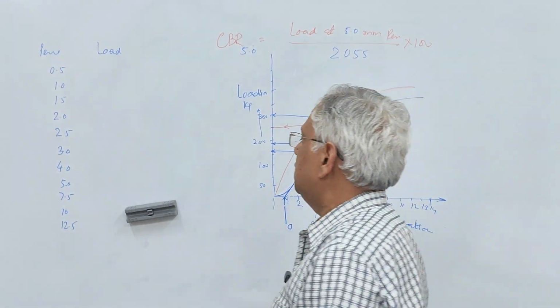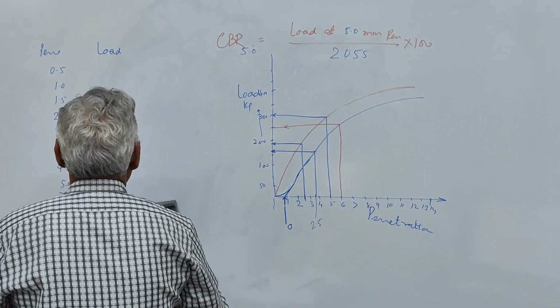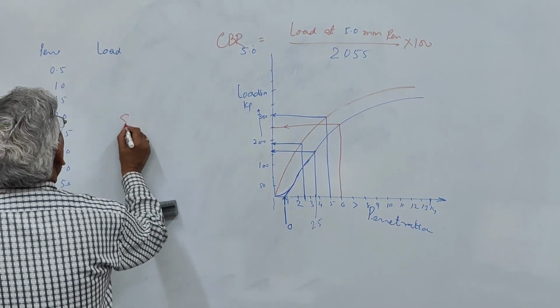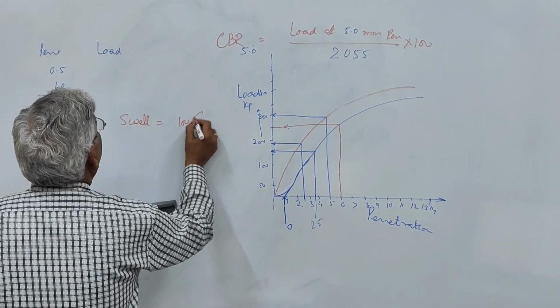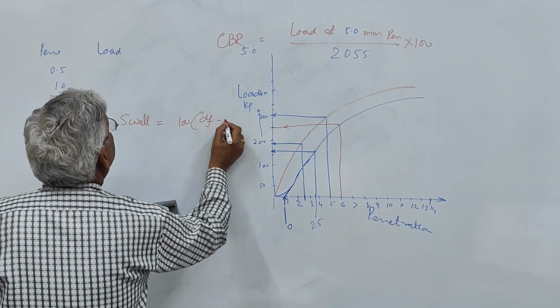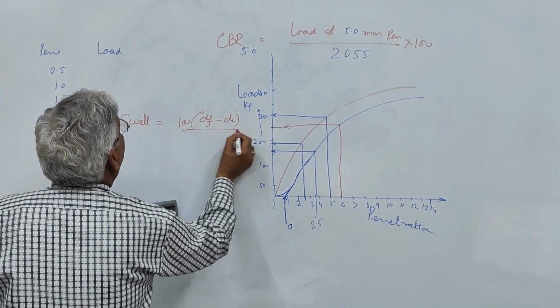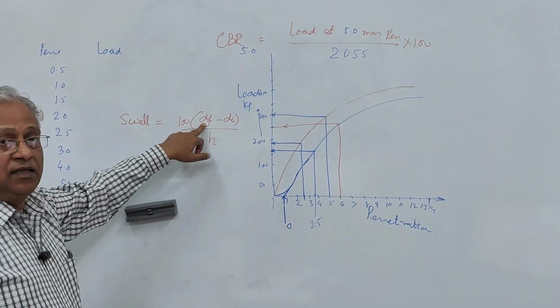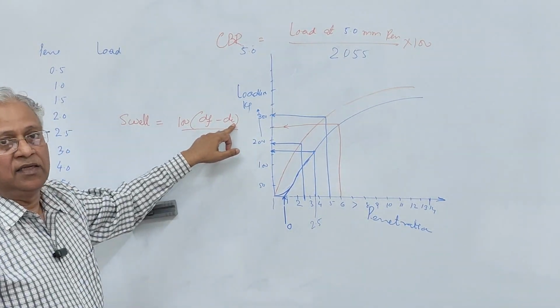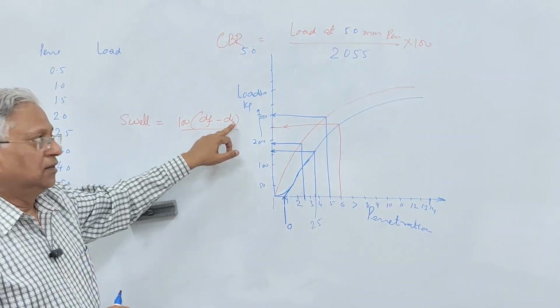Now to find out the swell in the soil, swell is 100 into df minus di upon h. df is the final dial gauge reading after 96 hours, and di is the initial reading of the dial gauge at zero swell.